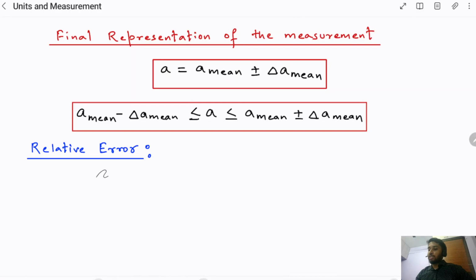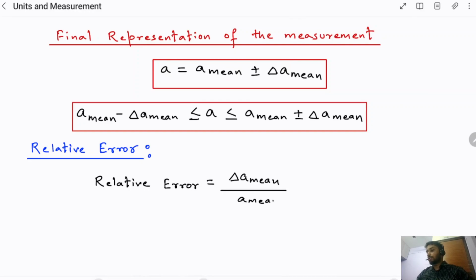So relative error is equal to delta A mean by A mean.